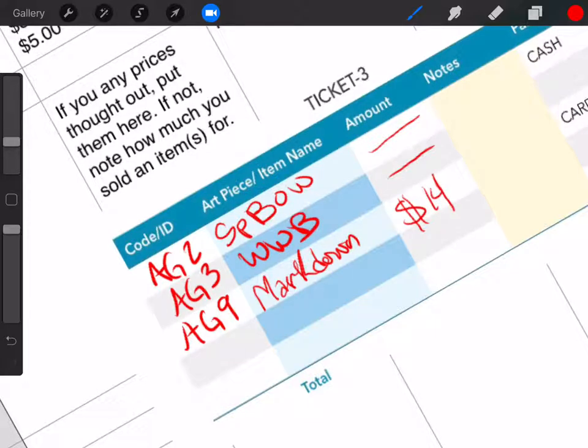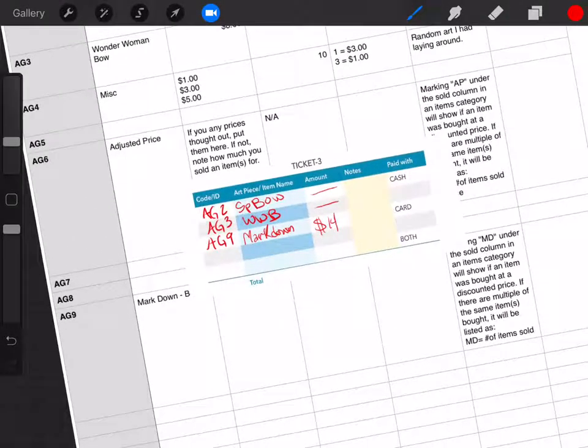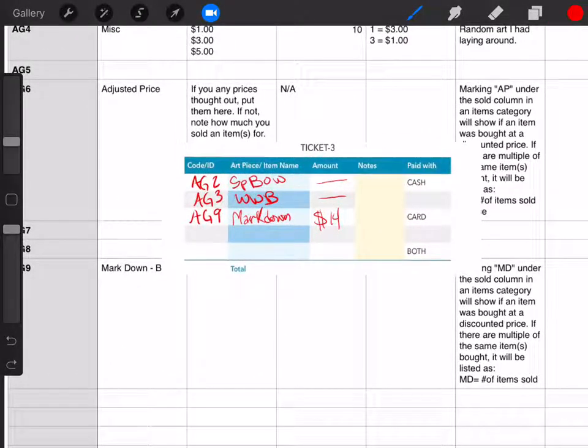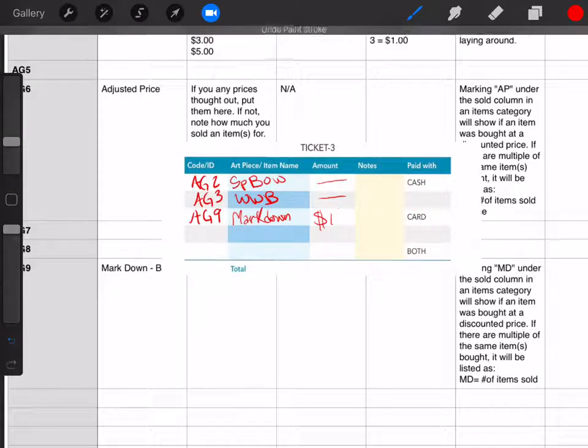If I have it listed on my inventory sheet with the description of what markdown is, then there's no reason to really put notes unless something specific has changed. That's all I would put on this ticket, and so they know what items the customer took. They also know that the price is set at a certain amount, so they'll take that and the customer will pay with cash or card or whatever.